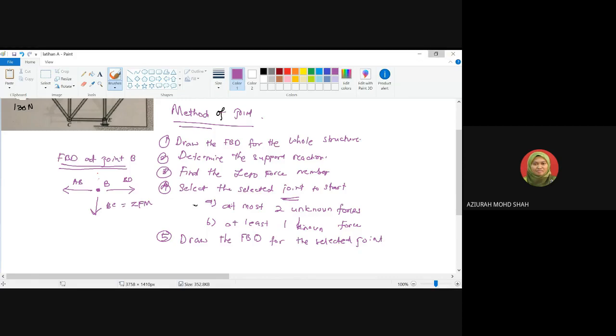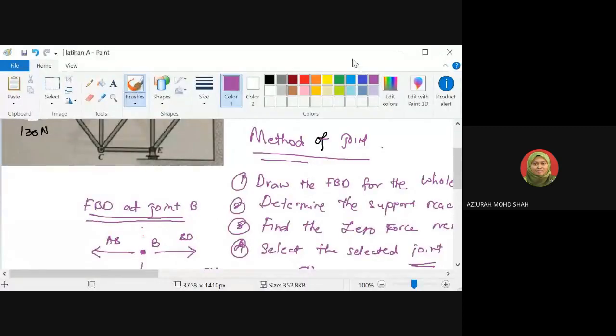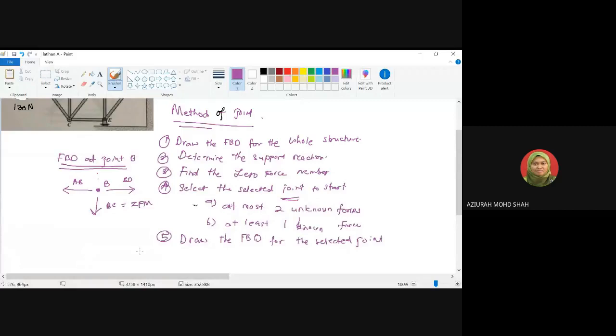Okay, so you kena draw. Lepas tu solve the problem using equation of equilibrium. Dalam case ini Fx dan Fy lah. Equation of equilibrium tu you ada moment, Fx, Fy lah, tapi dalam case ini Fx, Fy lah.